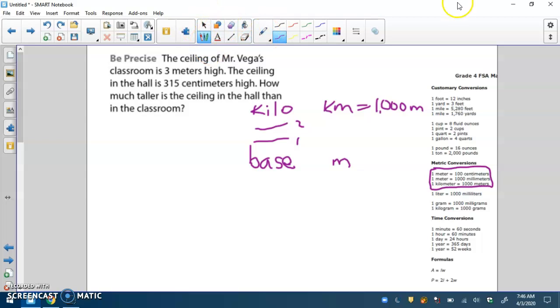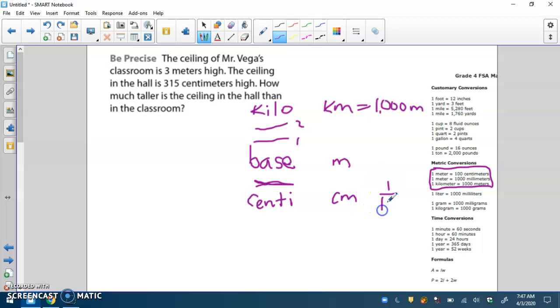And then as we get smaller from our base, we have one that we don't really need to know right underneath meter. It's called a decimeter, but we don't need to know decimeters. But after a decimeter comes a centimeter. Centi meaning 1/100th of a meter.